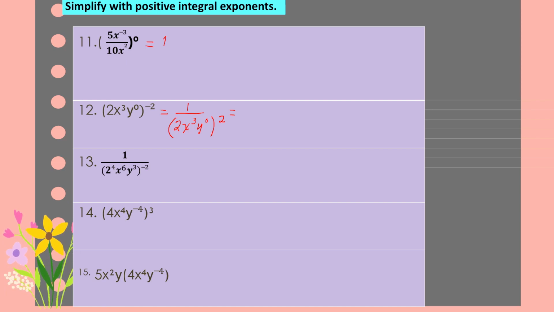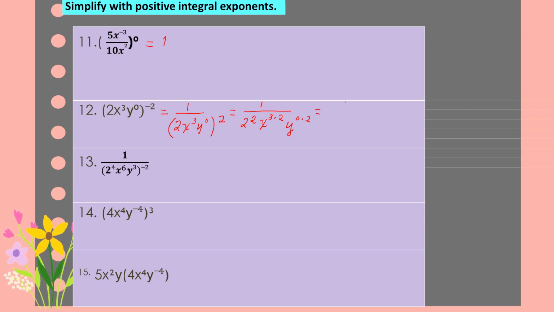And now, apply natin ang product of the power or power of a power. So, 1 over 2 raised to 2, and x 3 times 2, and y 0 times 2. Imumultiply natin ang exponent nito kasi this is power of a power.